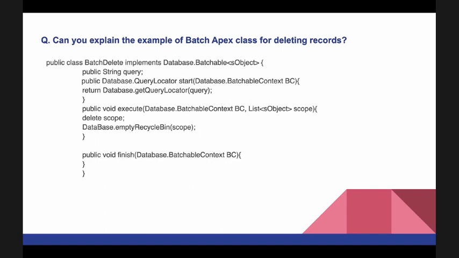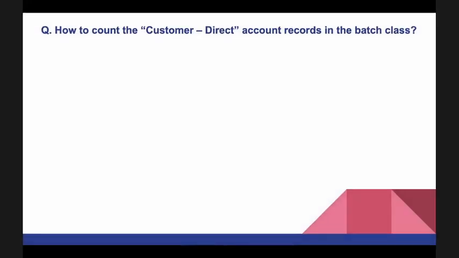The next and the last question for today is how to count the Customer Direct account records in the batch class. Here something interesting is there. If we have to count a total, we should use Database.Stateful. By default, a batch is stateless in nature, so it does not keep the count across separate transactions.